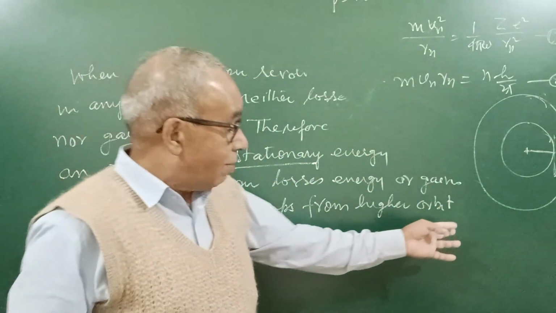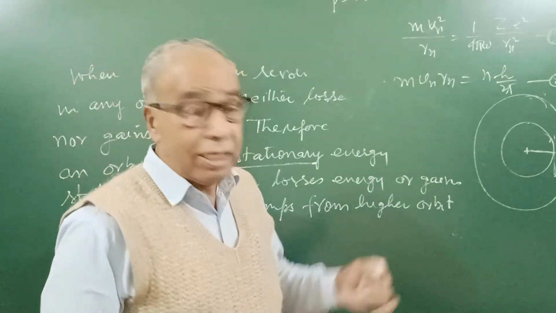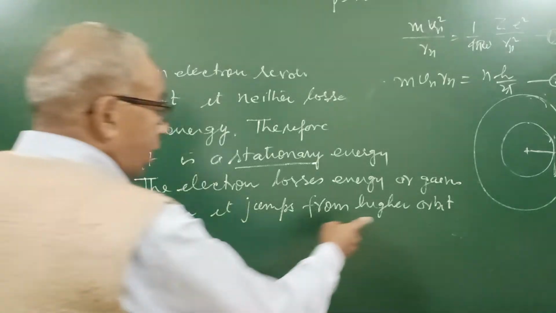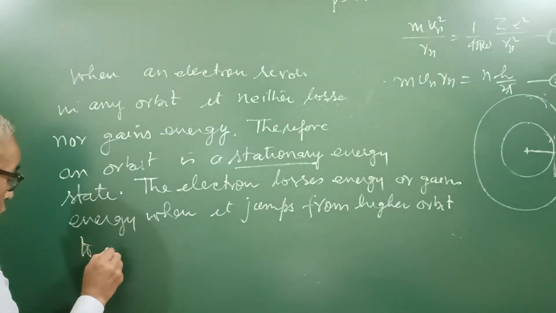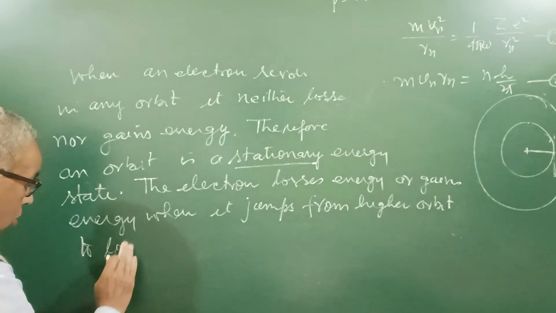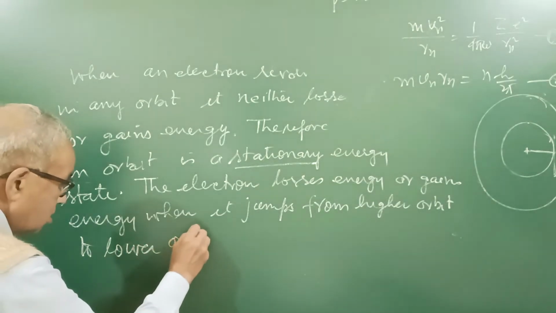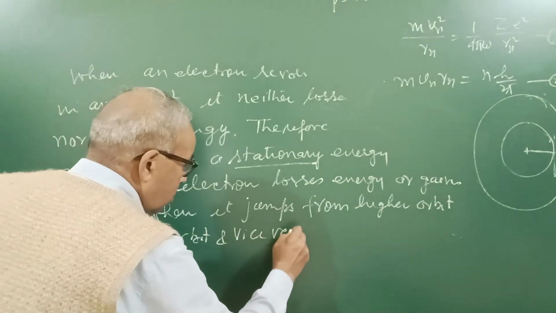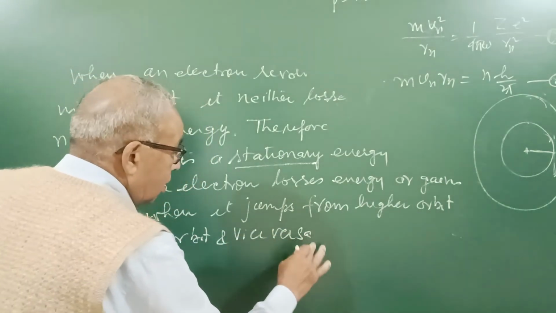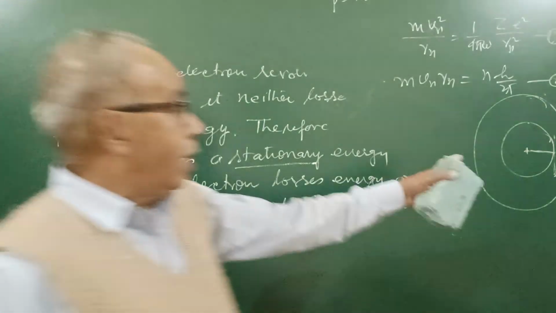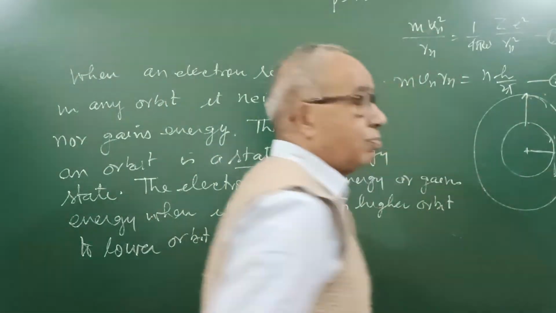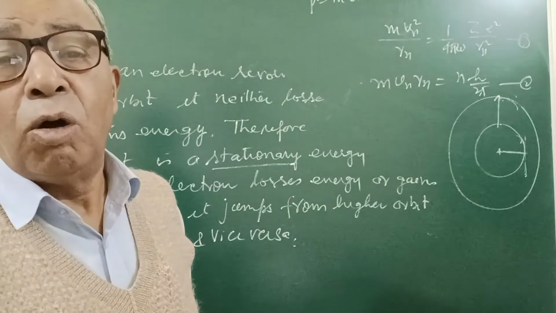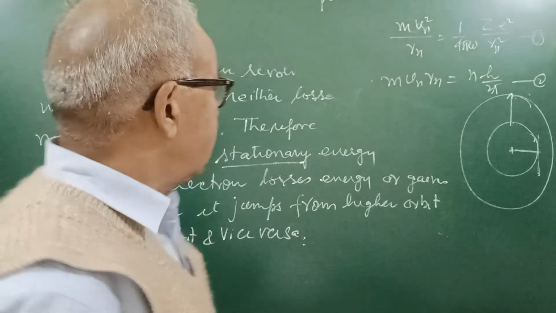I want to say from a higher energy state, but I am still using orbit so that you understand. Vice versa means if it jumps from lower to higher, it takes energy. When an electron goes from a lower to a higher energy state or orbit, it takes energy.